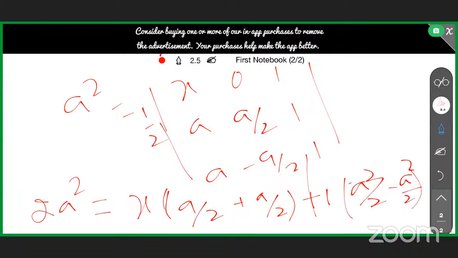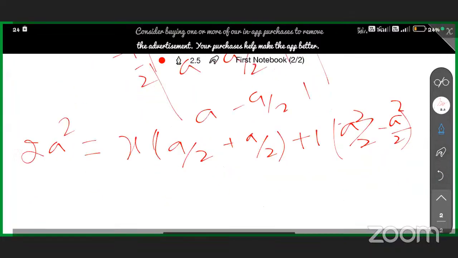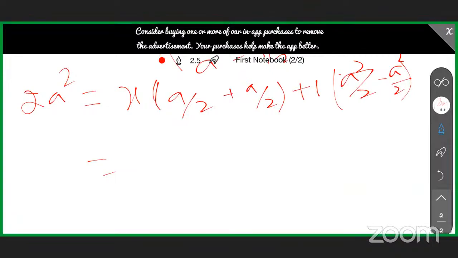So a square equals x times a, plus 0, minus 2a square, minus 2a square. The 2 cancels.